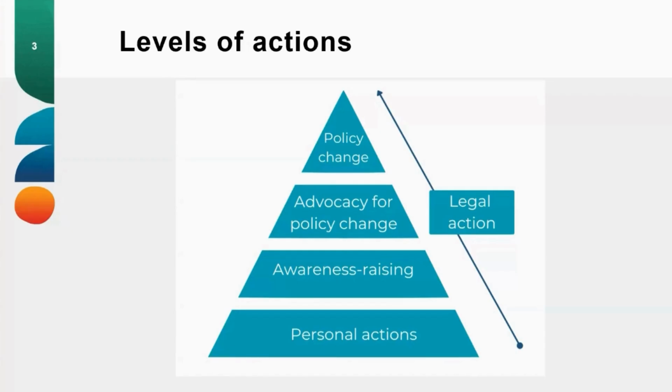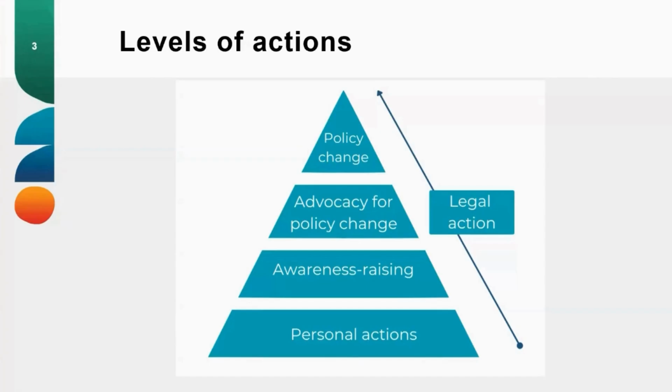Awareness raising appears above personal actions on the pyramid. Once you're ready at a personal level, you can consider raising awareness amongst your friends, family, and within your organization or community. Advocacy for policy change may be possible once people are aware of an issue.